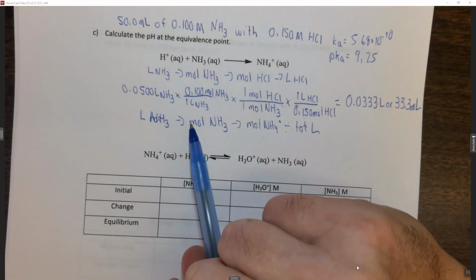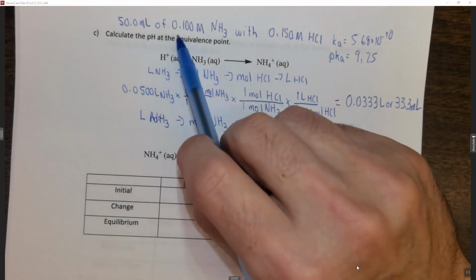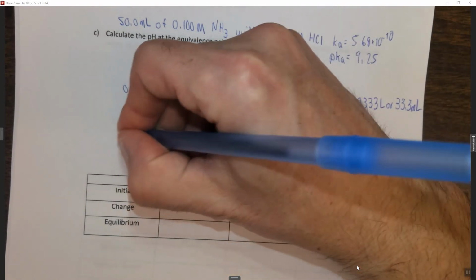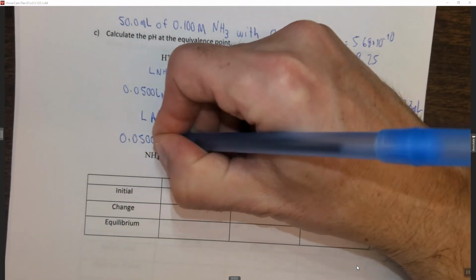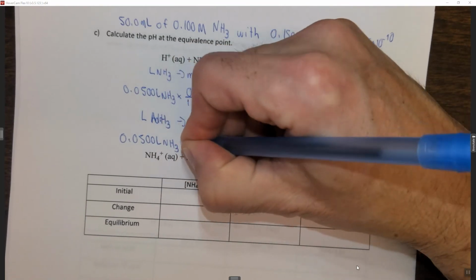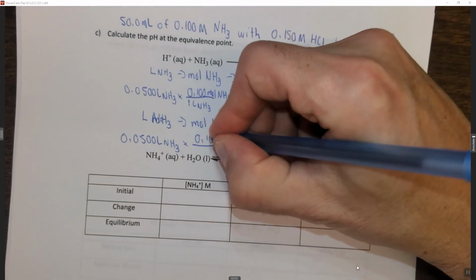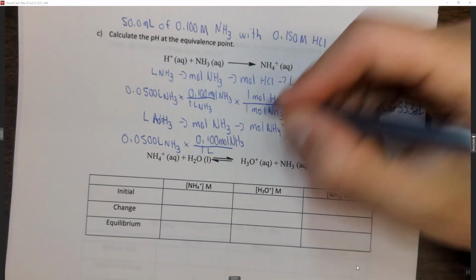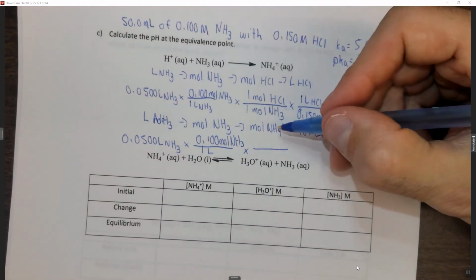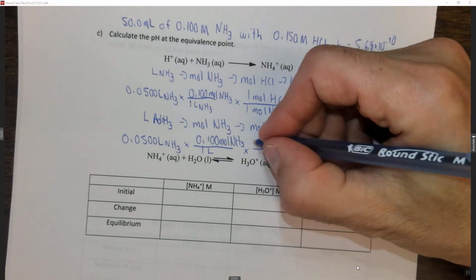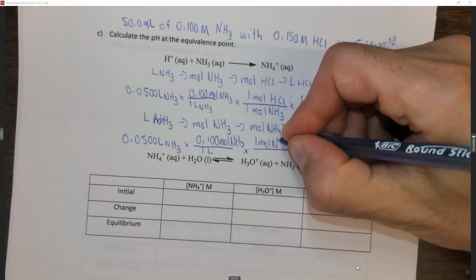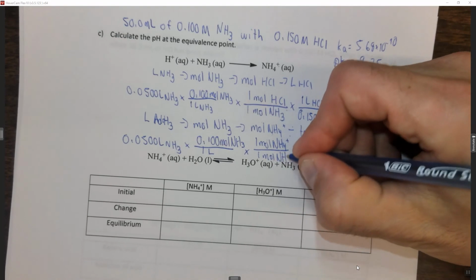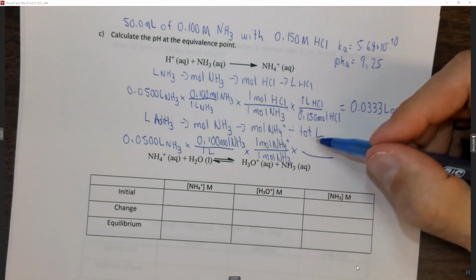So in this case, we're going to start with the same liters of NH3, which is the 50 milliliters, 0.0500 liters of NH3 times 0.100 moles of NH3 per 1 liter times, now we got to convert to moles of NH4 plus, but they're 1:1, so 1 mole of NH4 plus per 1 mole of NH3 times, now we need to divide by liters.